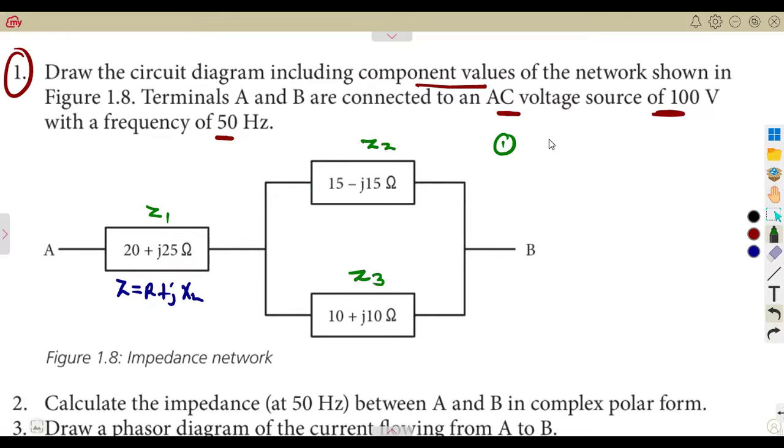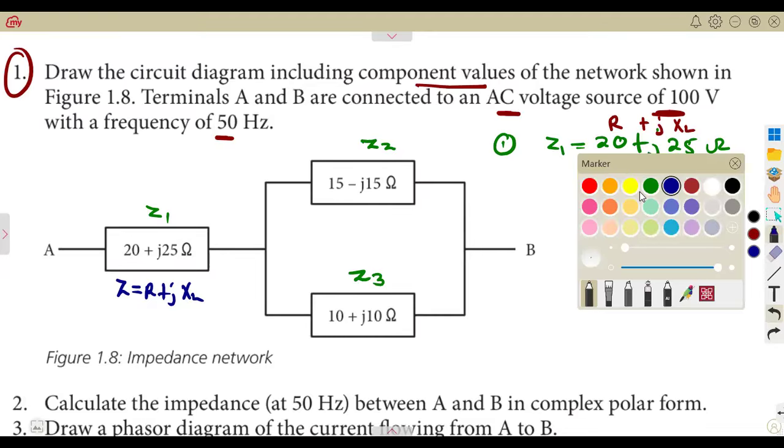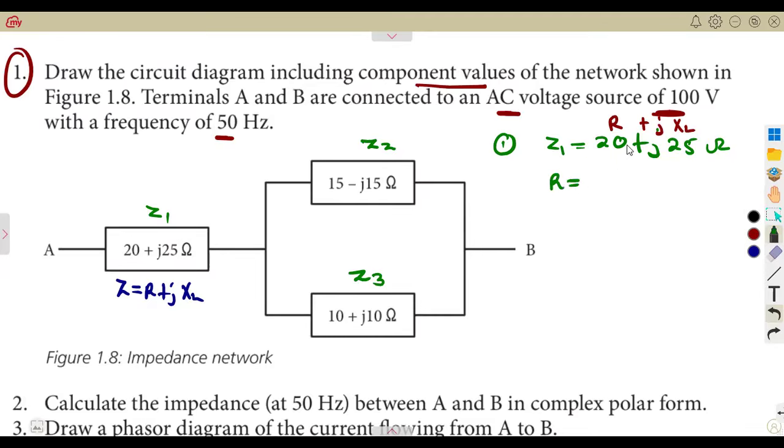So Z1 is equal to 20 plus j25, where this 20 represents the resistance. So it's R plus jXL. We know the resistance is 20 ohms.